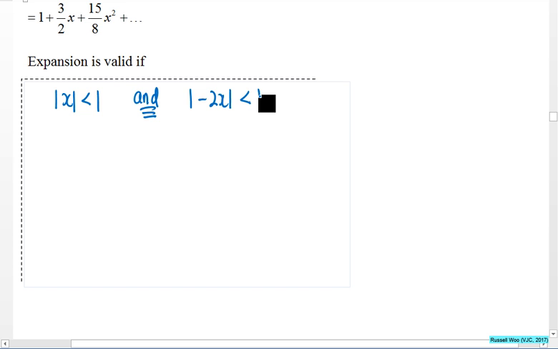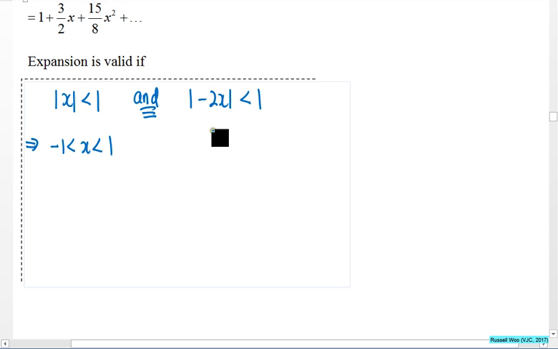Now we practice solving inequalities. You have two conditions and it's an and. Final answer, how? Never mind, we solve together. This means x must be between minus 1 and 1. Am I right?